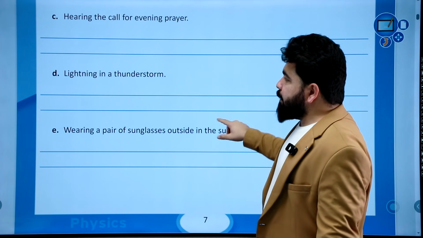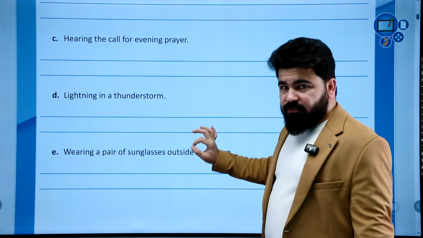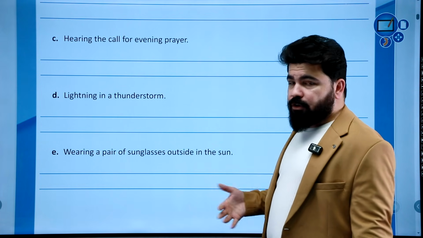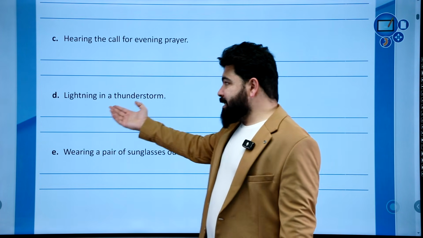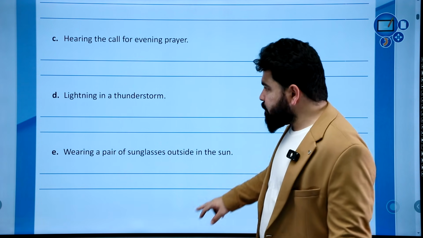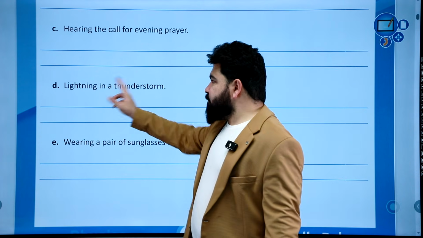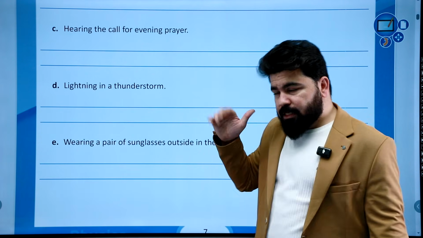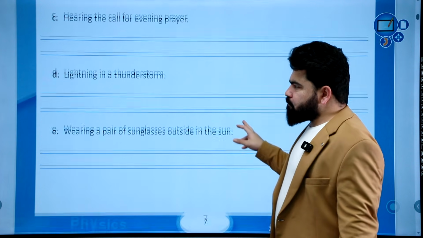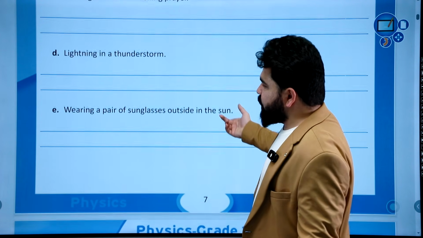The question says most relevant. Be careful. If it says more than one area or two areas, I can say that lightning is also optics. But be careful. Lightning is different than thunder. Thunder is sound. Lightning is like the light itself.